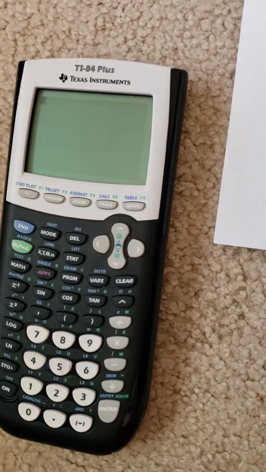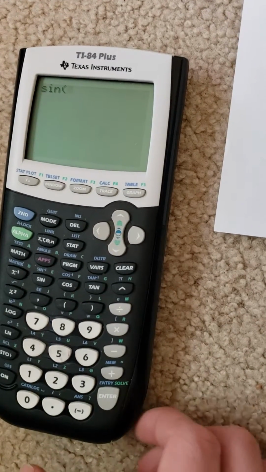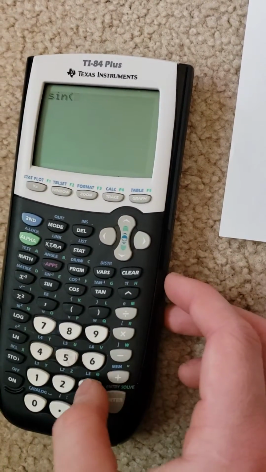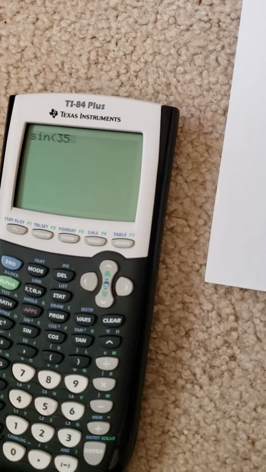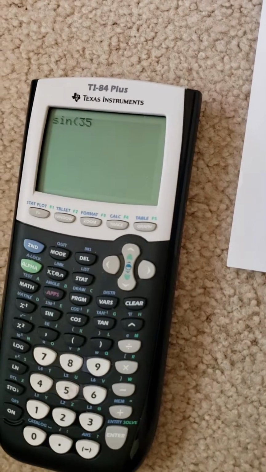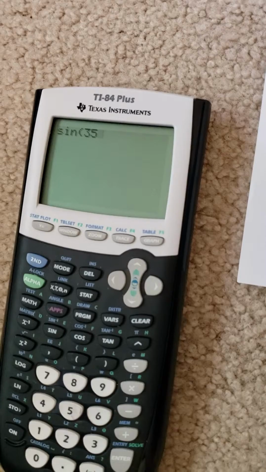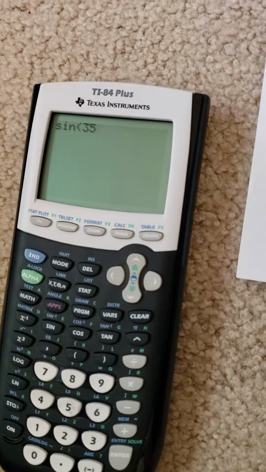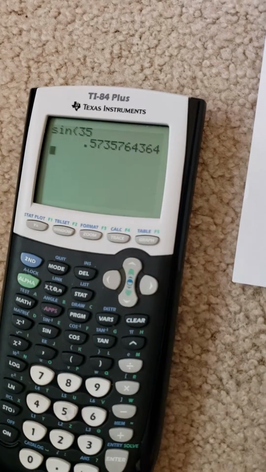So C, okay, so our sine of 35 is what we're finding. So sine of 35, enter.